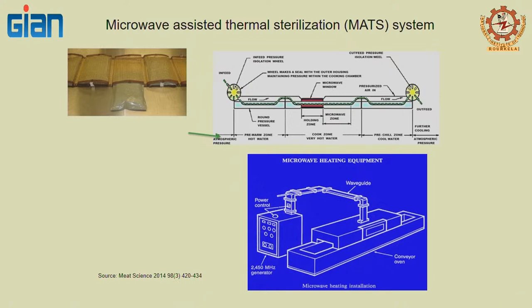So, there has been some work done at Washington State University, where they adapted what they call the microwave assisted thermal sterilization process. Imagine you have some soup or some material, and you package it in a polymeric pouch, so that it is sent through a certain mechanism.